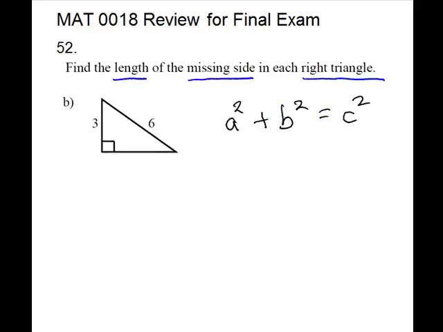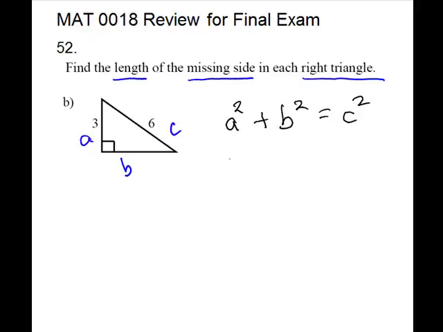Right, we have one more triangle. We're going to find the length of the missing side of a right triangle, except this time we're not going to look for the hypotenuse. They gave us the hypotenuse. The 6 is the hypotenuse, so that is your C. The other 2 are A and B, and so we're just looking for a different side. So we're going to plug in what we know.